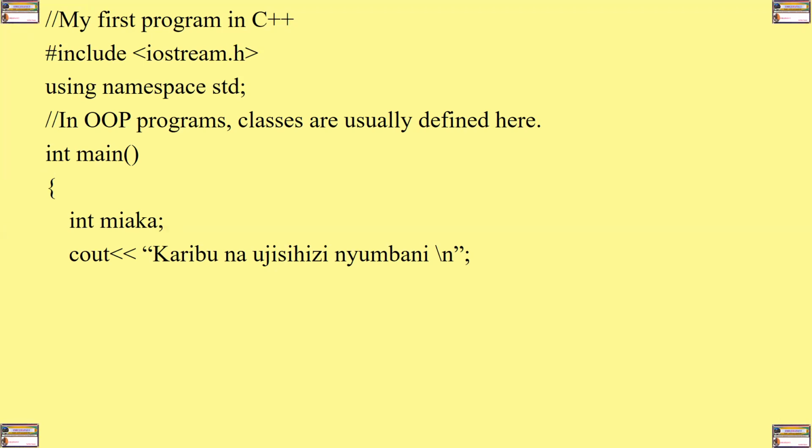Then I have the statement "karibu na ujihisi nyumbani, \n". \n is called an escape sequence character. That statement I have enclosed in double quotes, and then a semicolon.